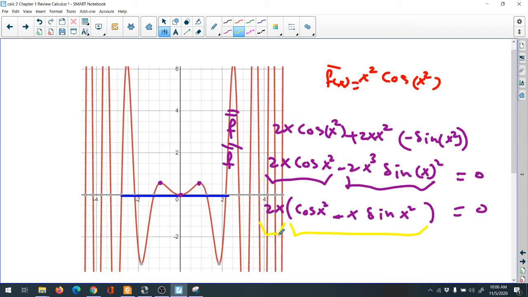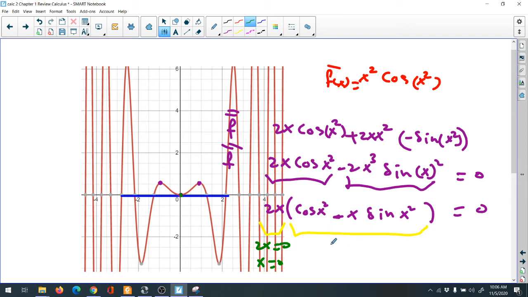We must have at least one of them equal 0 to have the result equal 0. So first one, 2x equal to 0. If you equal 2x to 0, of course x equals 0. So this is one of the solutions.